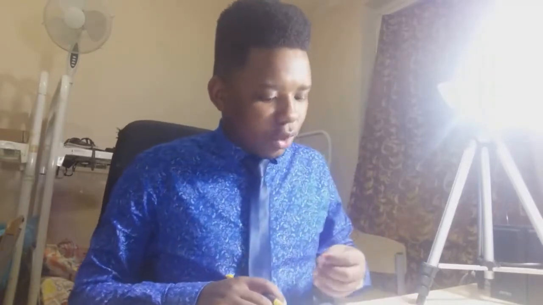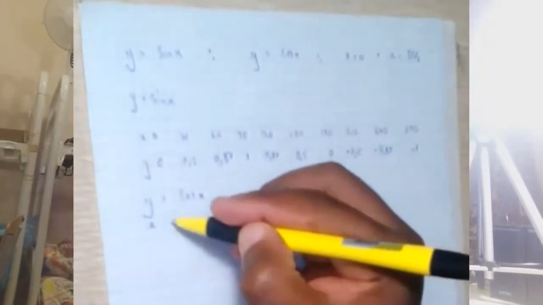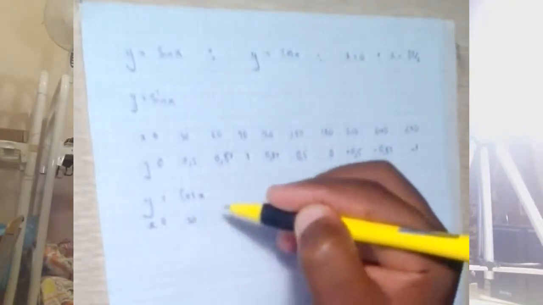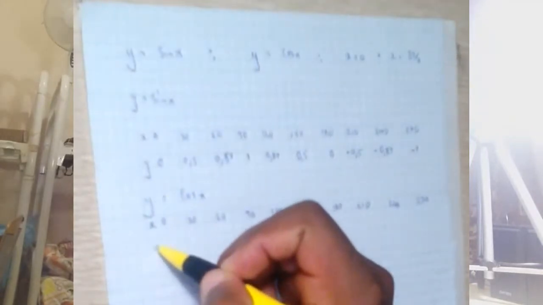I also need to create a table of values for y equals cos x. In the same way, I'll take the values of x from 0, 30, 60, 90, 120, 150, 180, 210, 240, 270, and I'll take the values of y.